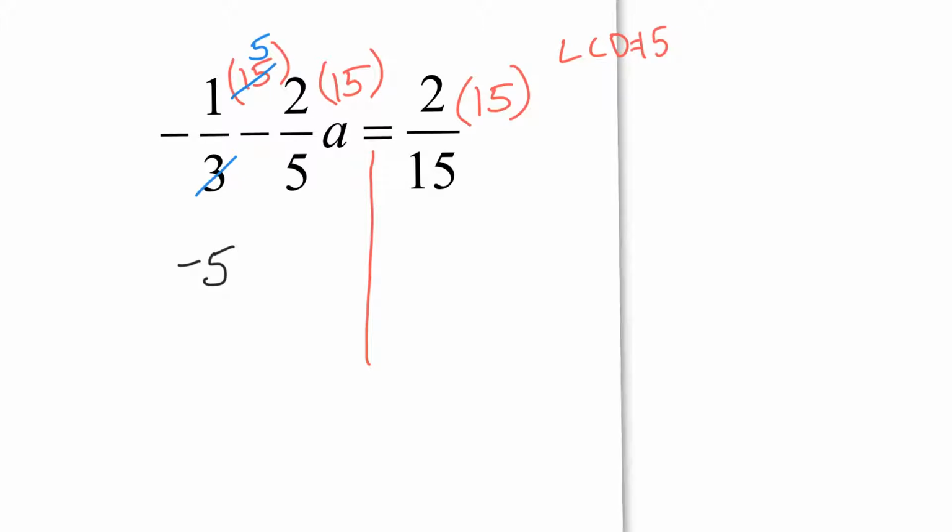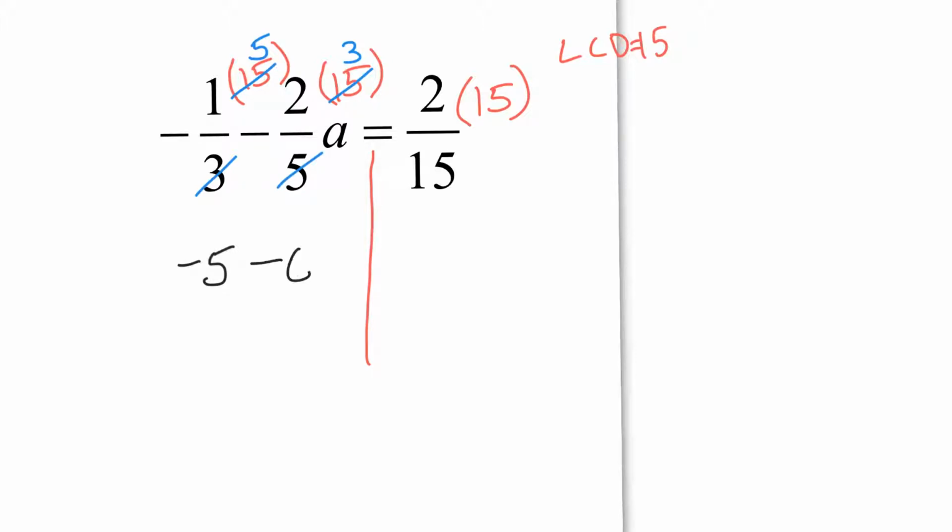The next one, you guys have a minus 2 over 5. So the minus goes to the 2, the number on the top. But the 5, you can cross simplify with the 15. 5 goes into 15 3 times. So this one cross it out, and this turns into 3. So when you multiply negative 2 times 3, that's going to be negative 6.